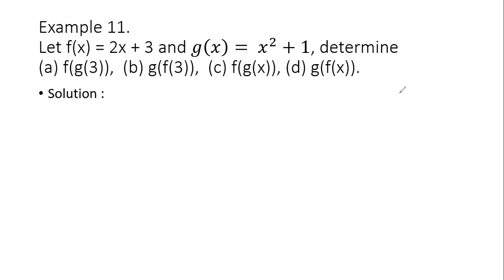Example 11. Let f(x) equal 2x plus 3 and g(x) equal x squared plus 1. Determine f of g of 3, g of f of 3, f of g of x, and g of f of x.